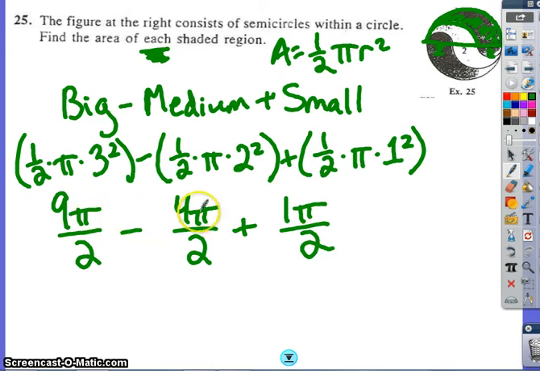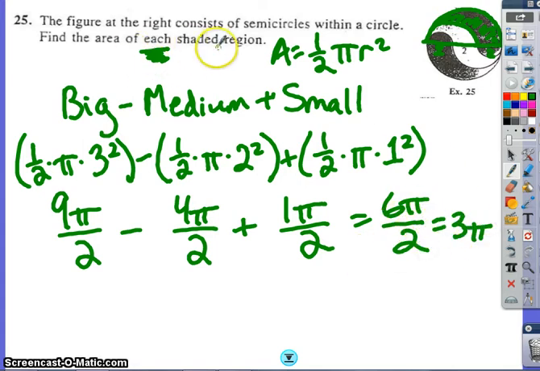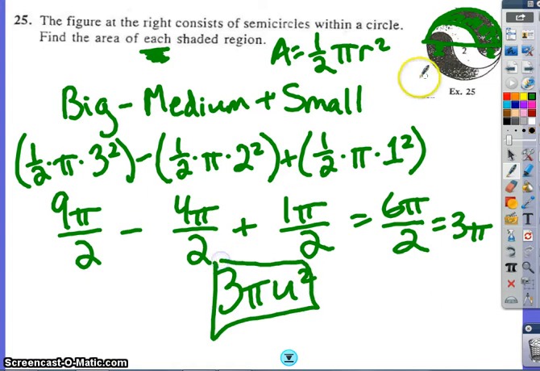So 9 pi minus 4 pi is 5 pi plus 1 pi gives us 6 pi over 2, and that simplifies to just 3 pi. We wanted the area of each shaded region, so this has an area of 3 pi units squared, and the other one over here has the area of 3 pi units squared as well, but it wanted each, so I'm not going to say 6 pi in this case.